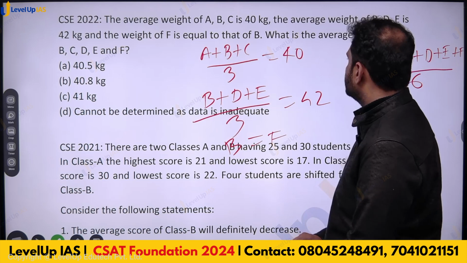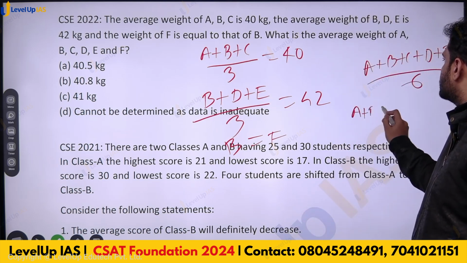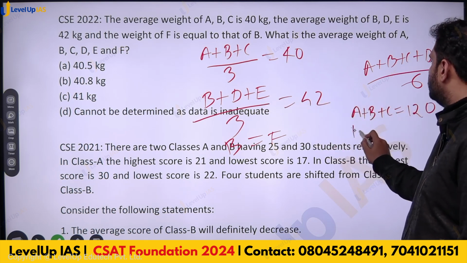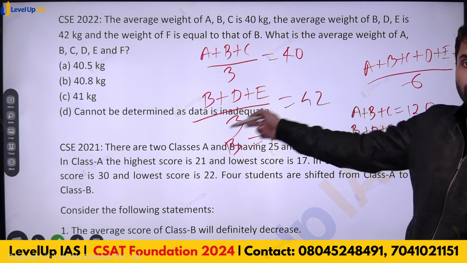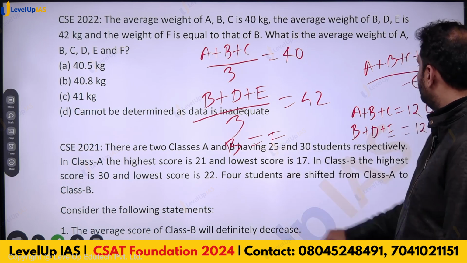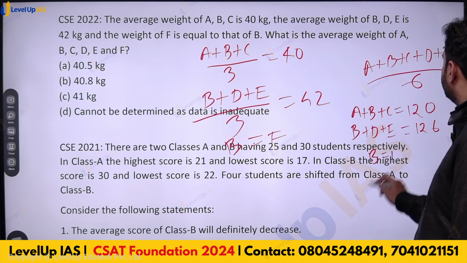From these equations, we have A plus B plus C is equal to 120. We have B plus D plus E is equal to 42 into 3, which is 126. And we have B is equal to F. Fine.